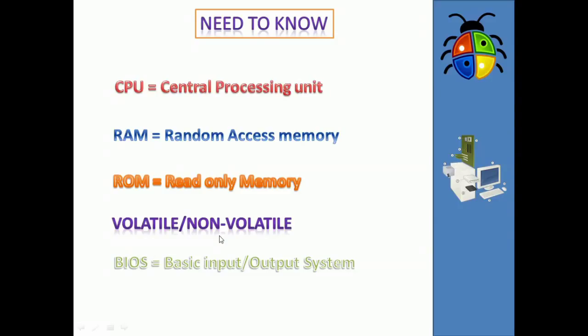Non-volatile, when the power is off, the contents of the memory stay there. And you also have to know that BIOS stands for Basic Input Output System, and you'll have to know that it's responsible for booting up the operating system on the computer.